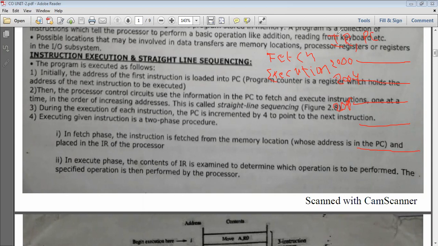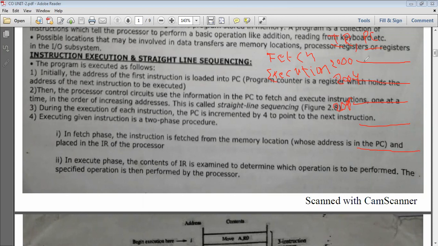Next, the PC is very important, because by observing the PC we know what is the next instruction to be executed. PC means program counter. It holds the address location of the next instruction.